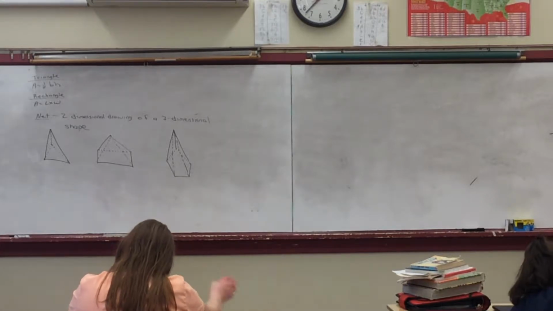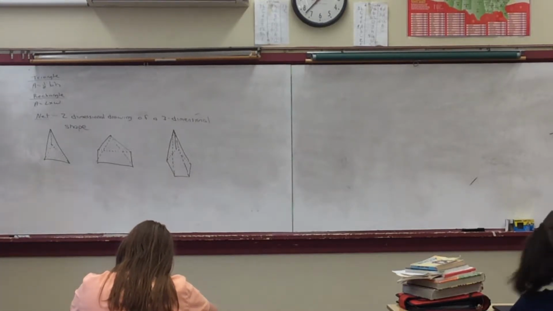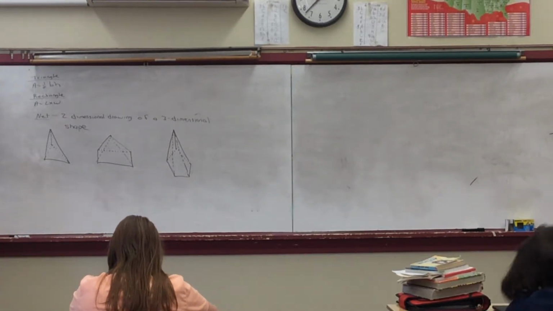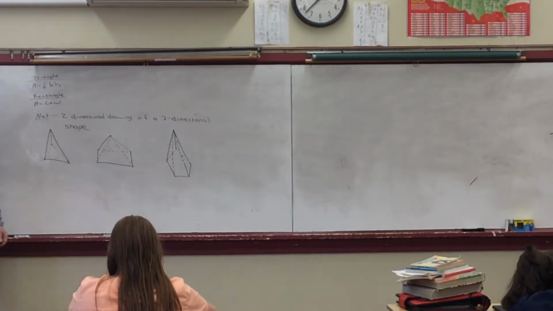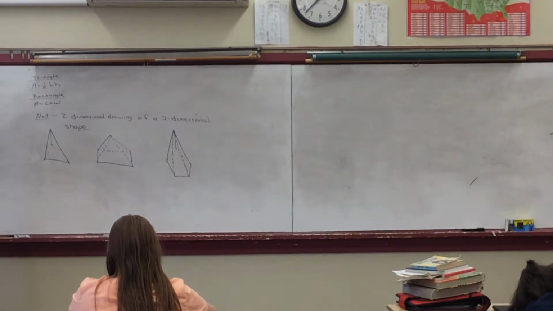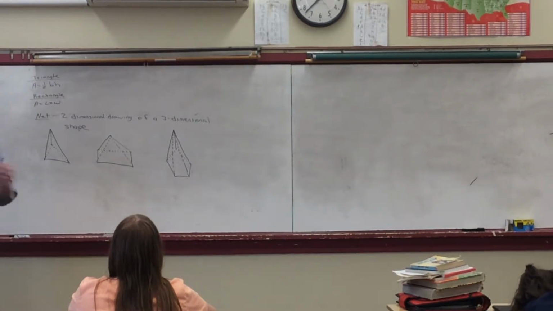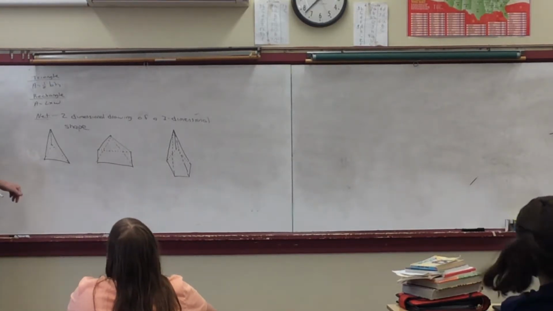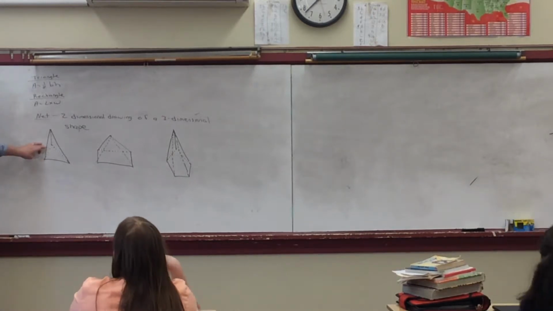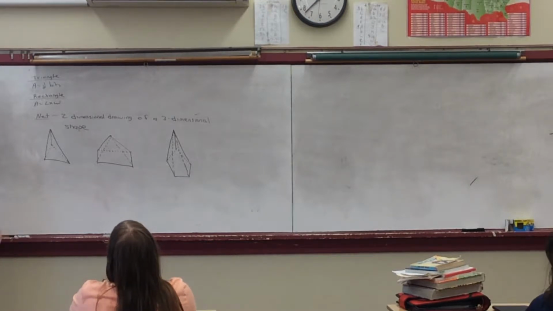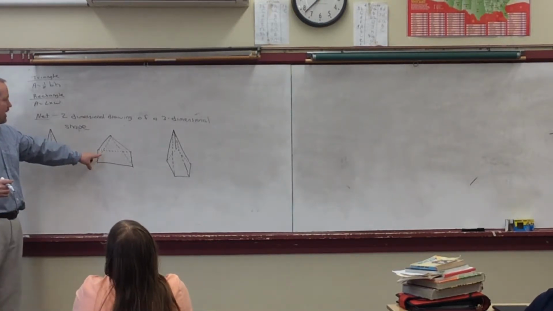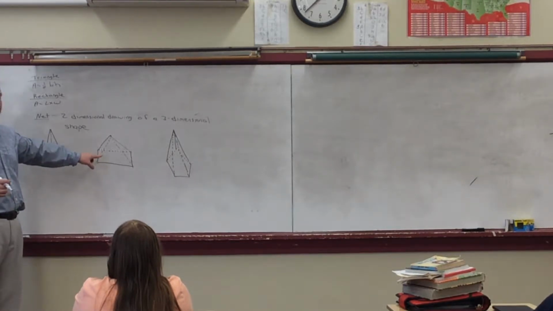Now, something that we're going to talk about later, the way you can identify the different types of pyramid is by the shape of their base. In a pyramid, you're going to have more triangles than any other shape. Okay? If you look, here we have how many triangles? 1, 2, 3. We have more triangles than any other shape. Here, we would have how many triangles? 4.